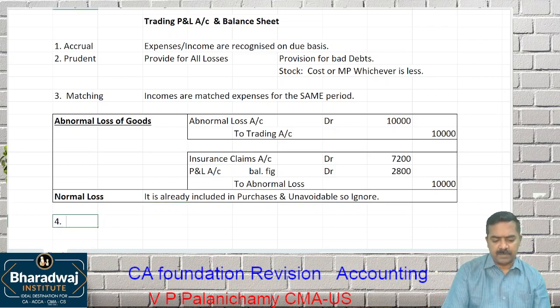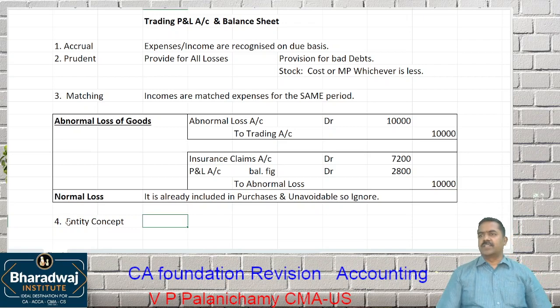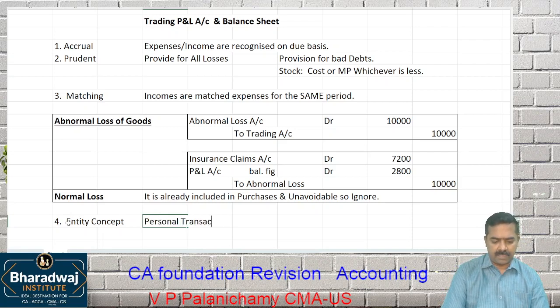The next principle that we follow is business entity concept. What do you mean by business entity concept? Simple. If a business transaction and personal transaction are recorded together, ensure that personal transactions are taken as which one? Drawings and adjusted in capital.